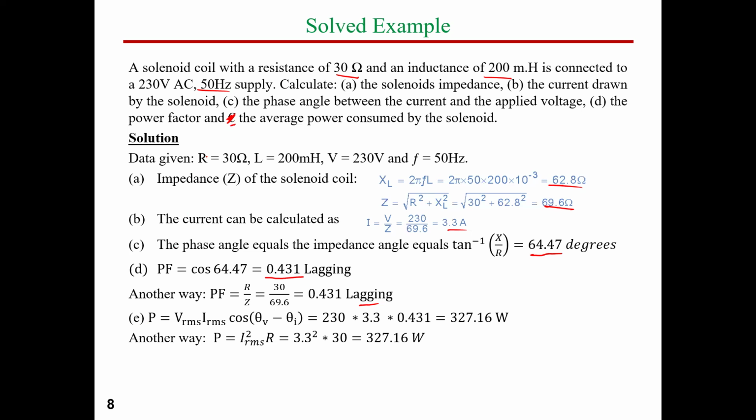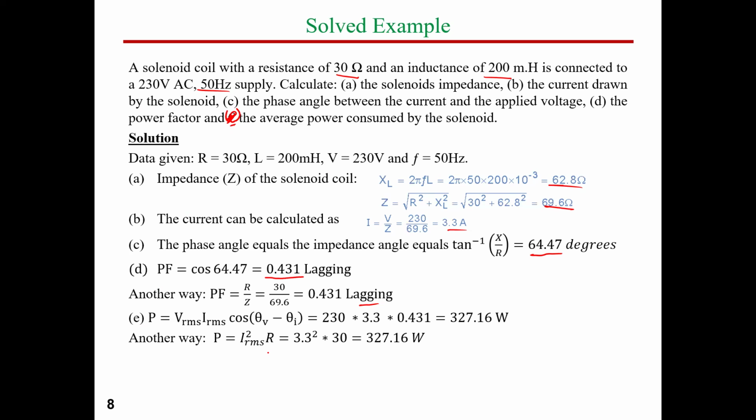Part E, okay, so this is not a typo, this is part E. It seems that when we make it, it's converted to this special character. So part E was the average power, so you know that power equals I squared times R. Take care, guys. All of the time, average power depends on the resistance.